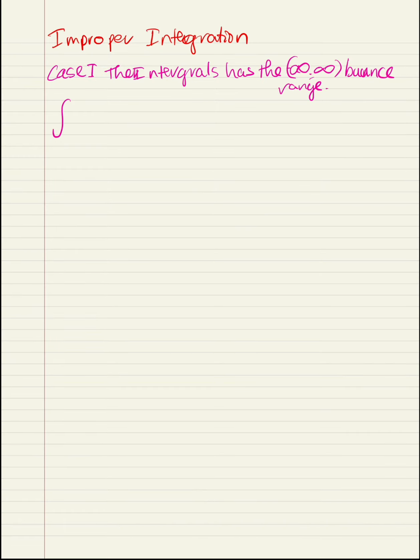which is just like negative infinity or positive infinity, or from some number to positive infinity, or from negative infinity to some number.